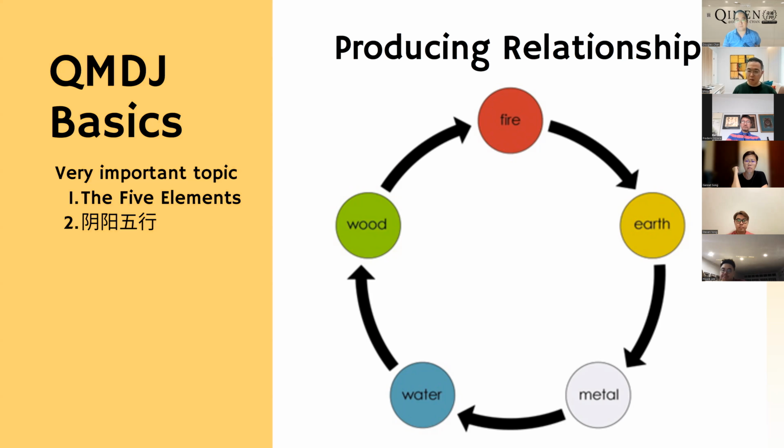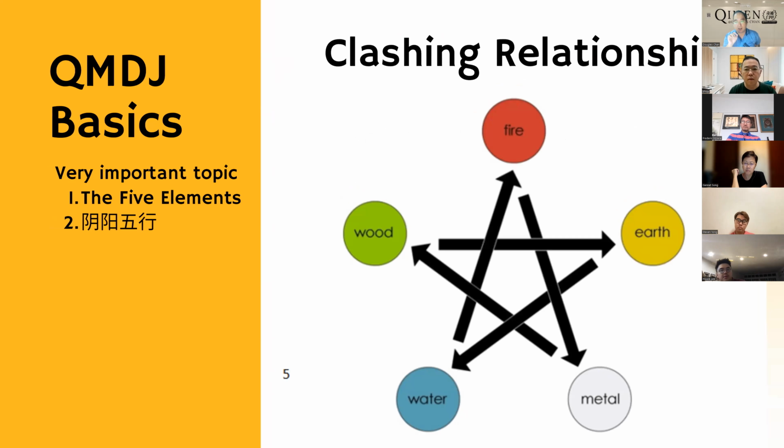Next, we have the clashing part. When I clash with somebody, the other party goes down from 100% to 20%. But on the other side, because I'm the one creating the problem for the other party, I will not reduce in energy.